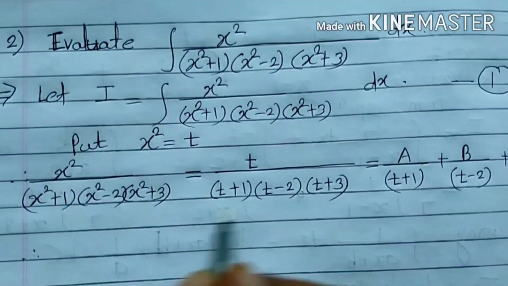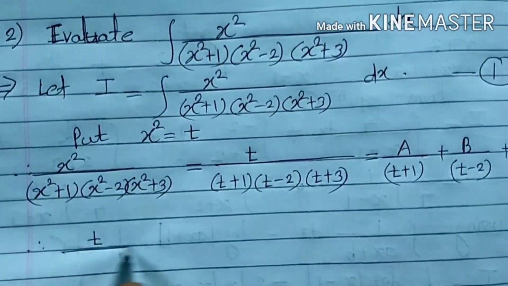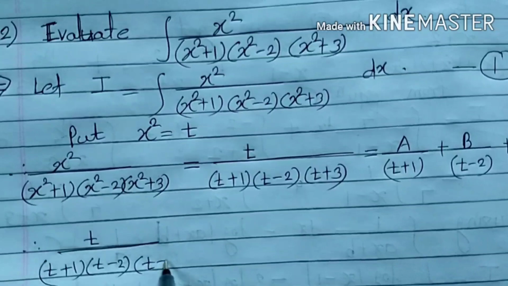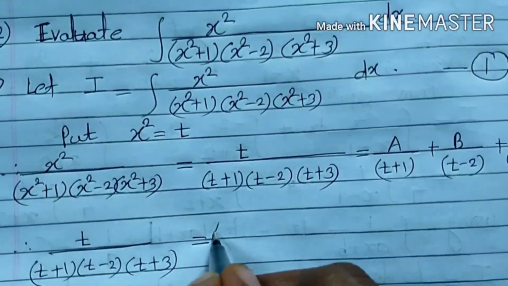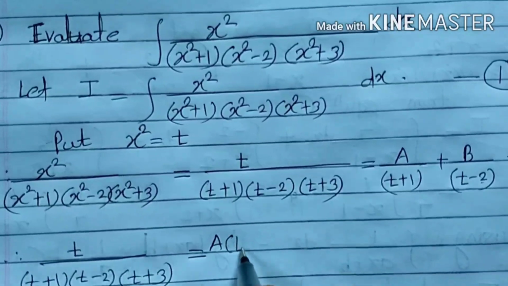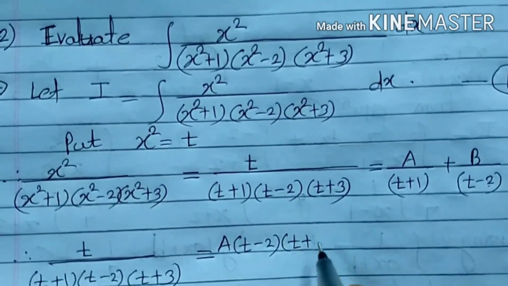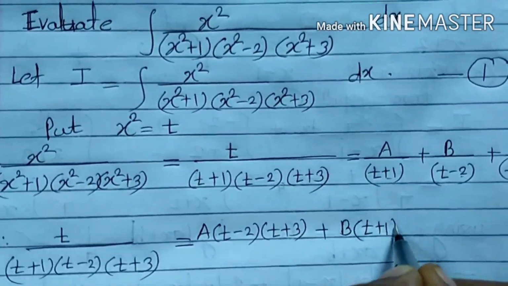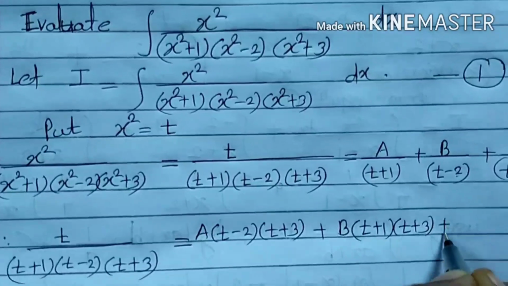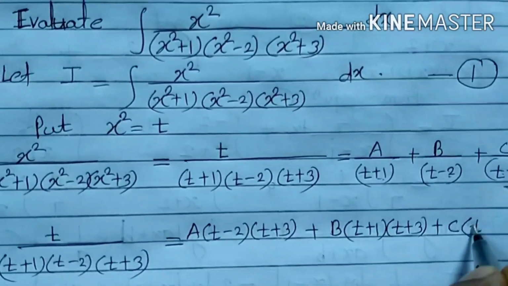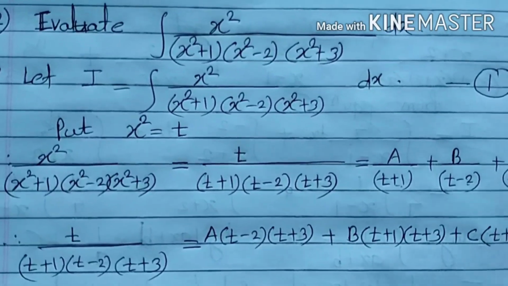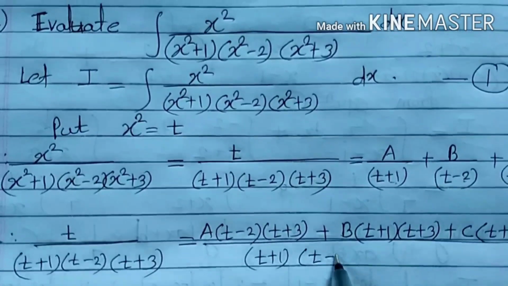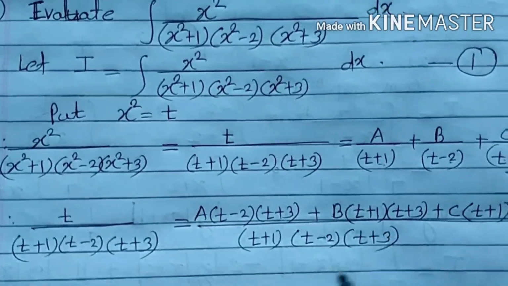Now you can take t upon (t plus 1)(t minus 2)(t plus 3), which is equal to a into these two terms, (t minus 2)(t plus 3), plus b into these two terms, (t plus 1)(t plus 3), plus c into these two terms, (t plus 1)(t minus 2), upon the multiplication of those terms, (t plus 1)(t minus 2)(t plus 3).